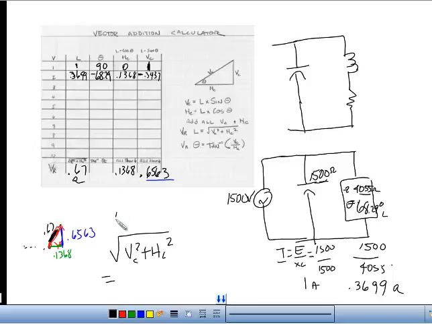You go inverse tangent of opposite 0.6563 over adjacent 0.1368, we'll get a phase angle. Inverse tangent, 0.6563 divided by 0.1368 equals 78.17 degrees. 78.17 is capacitive.